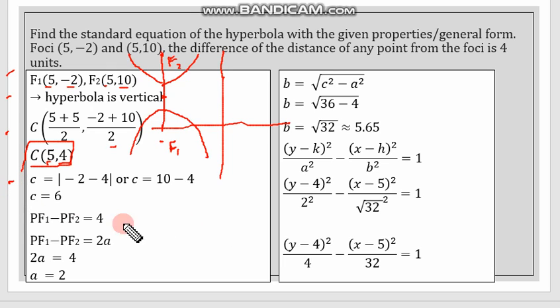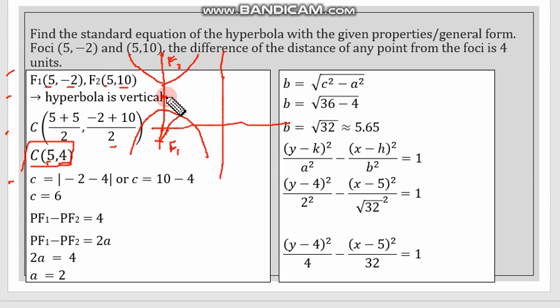So the distance from the center to focus 1, which is the c unit, we will just subtract the center from focus 1 or focus 2.